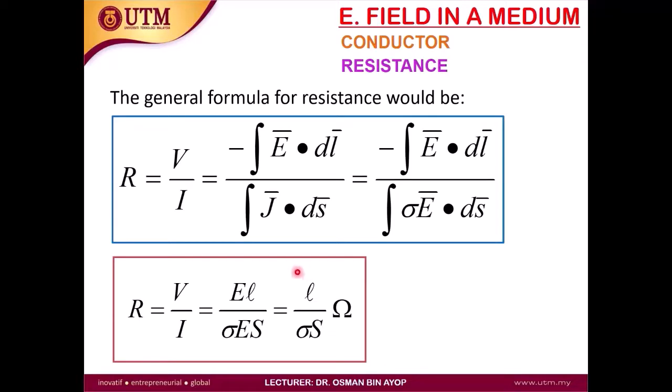This is when we have, let's say, a long wire that has a symmetrical shape, so we can simplify R into this form. But let's say we have a curved wire and so on, so we should use this equation.